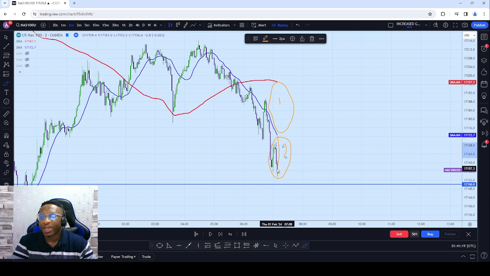So over here we have 2 spaces, between the 200 moving average and the 20 moving average, and in relation to where price is at the moment. I'll just take this drawing off, then we'll go straight to the next thing I want to talk about.